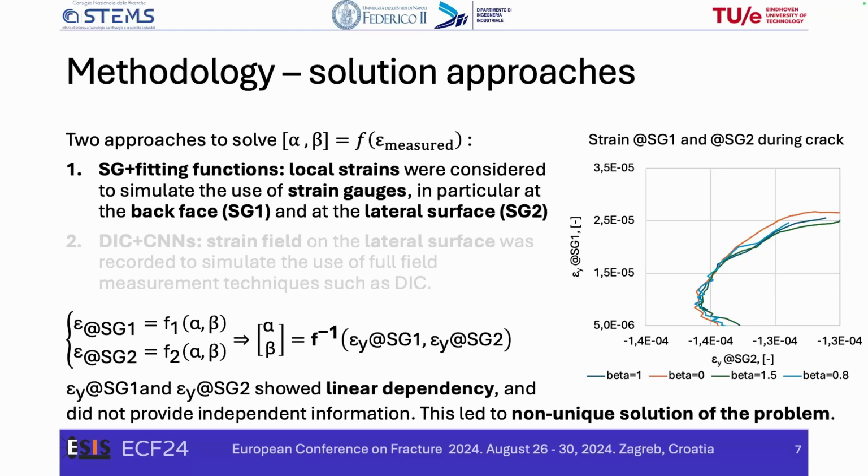This leads to non-unique solution of the problem, as indicated in this plot, where the points with the lines indicate different crack tunneling conditions. They lie all in the same regions.